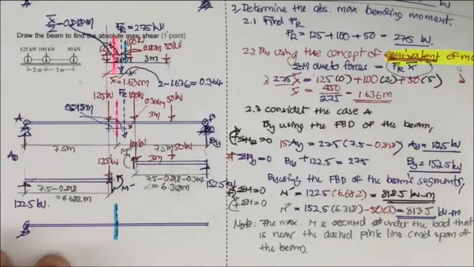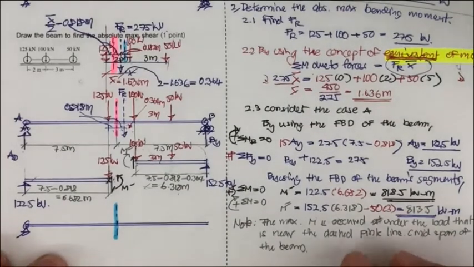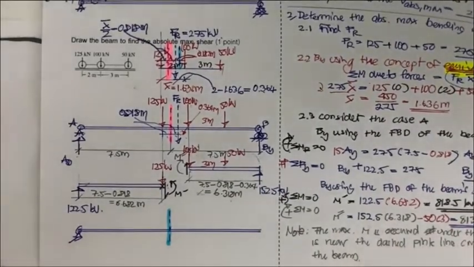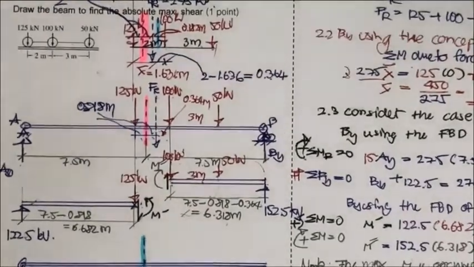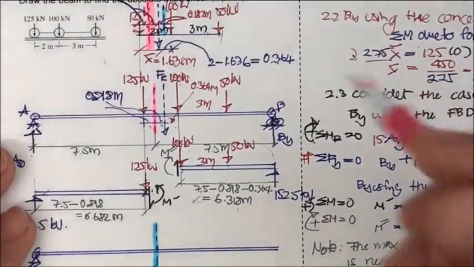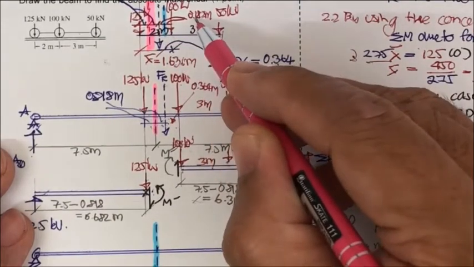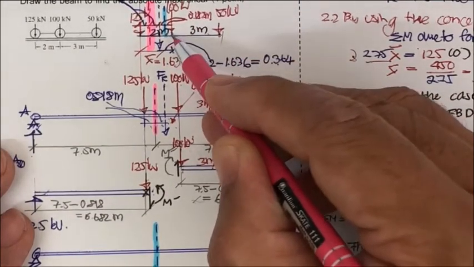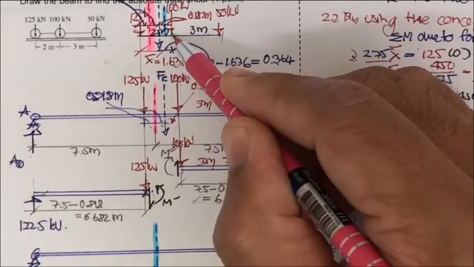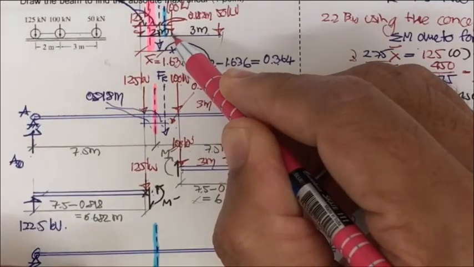Okay, and this time, if we do a small zooming, you may see that we will measure 0.182 to the right, and then we get 100 kilonewton.